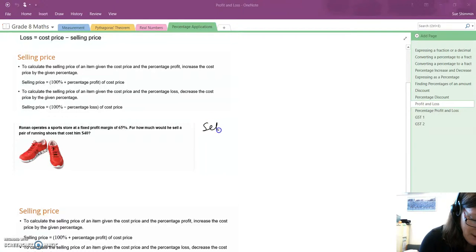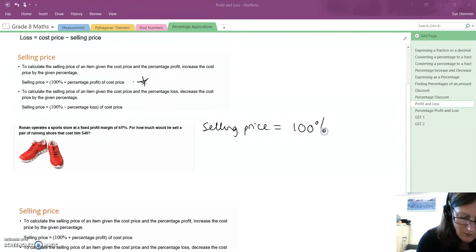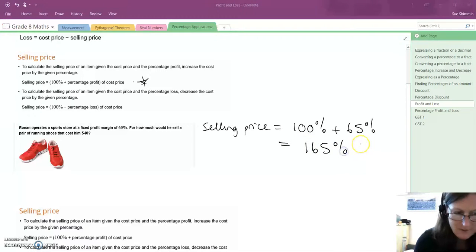The selling price for his shoes is 100% plus 65% because that's his profit margin. So he sells them for 165%.